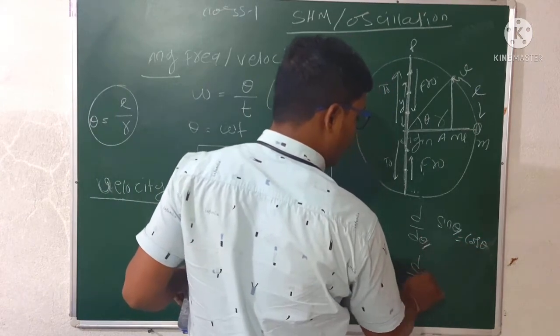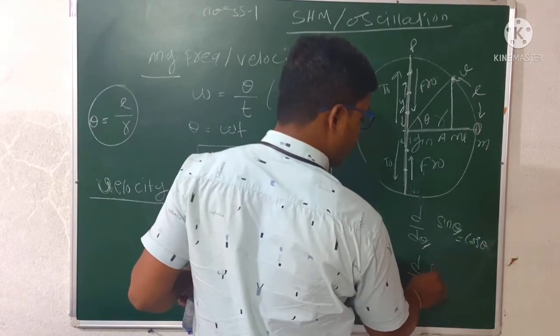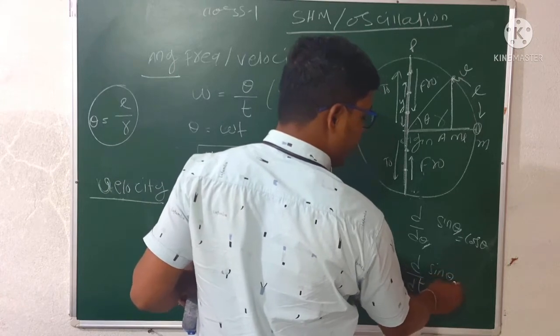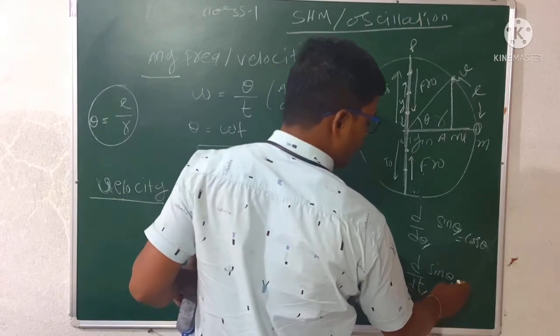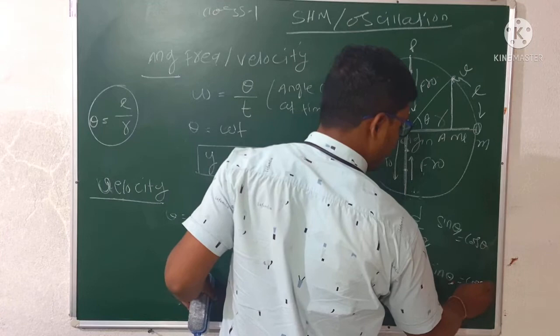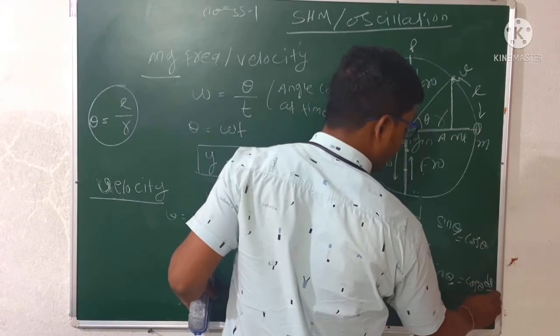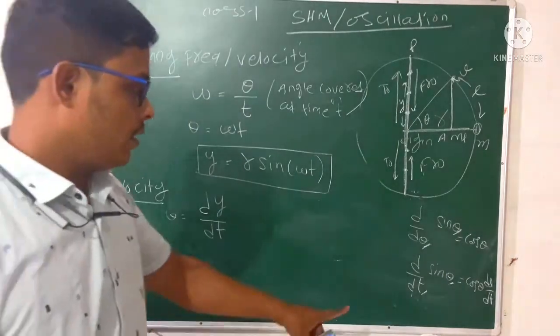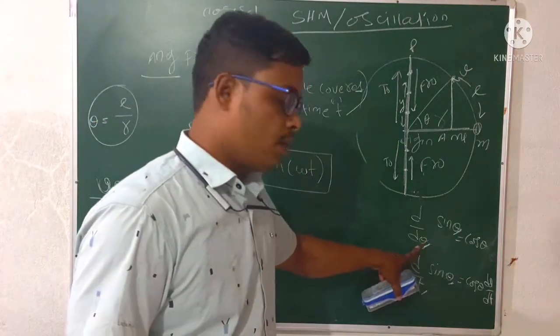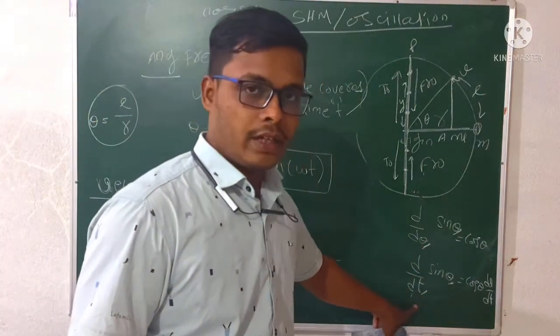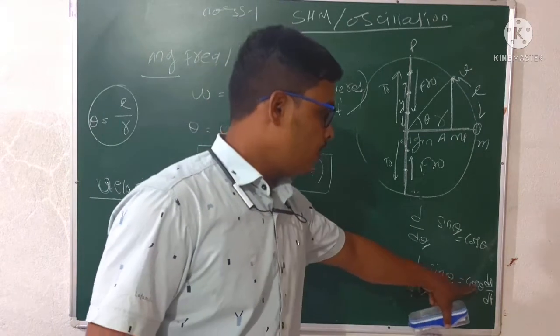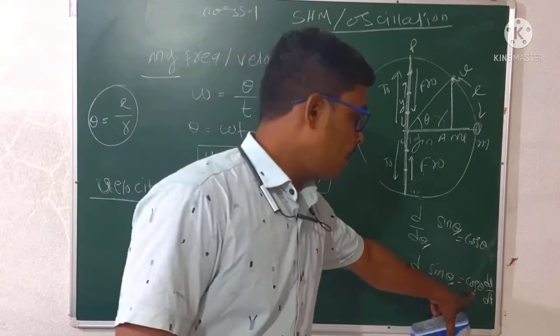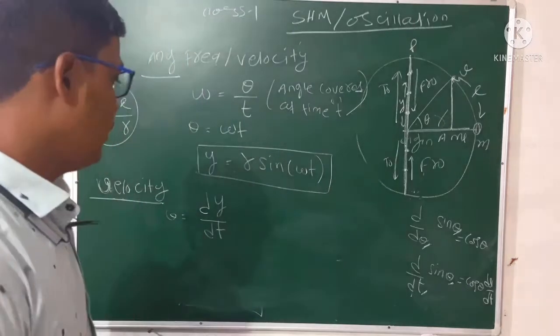But when we take the derivative with respect to t, remember there is sin theta but the variable is t. So what will be the answer? Cos theta d theta by dt, because the variable is not theta here. The variable here is theta, but here the variable is t. So the derivative will be cos theta and again multiplied by d theta by dt.